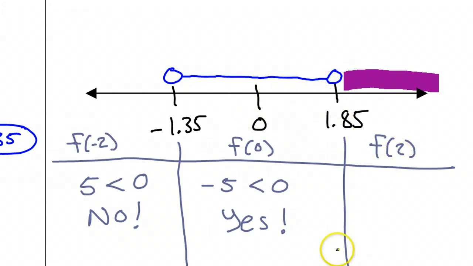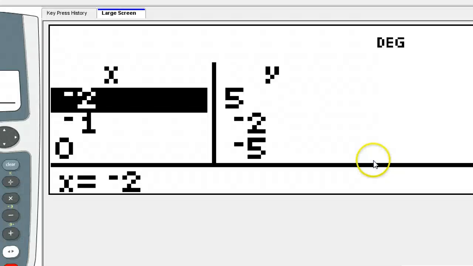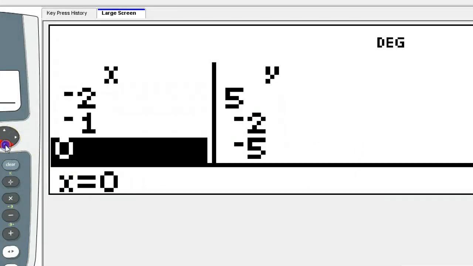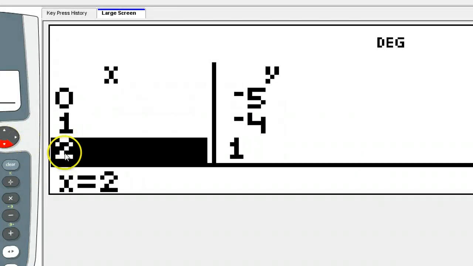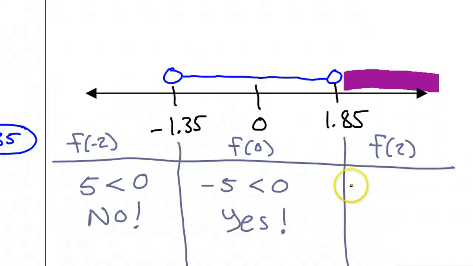And finally, let's test f at 2. We can just look in the calculator. Scroll down a bit. So f at 2 is 1. We get a value of 1. And again, the question is, is that less than 0? Clearly, no. 1 is not less than 0.